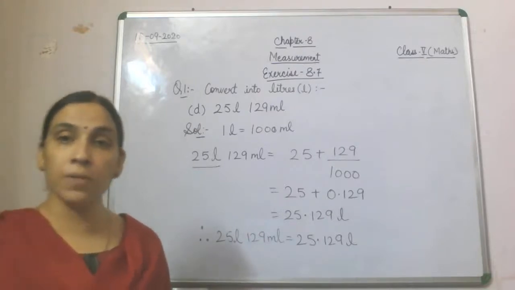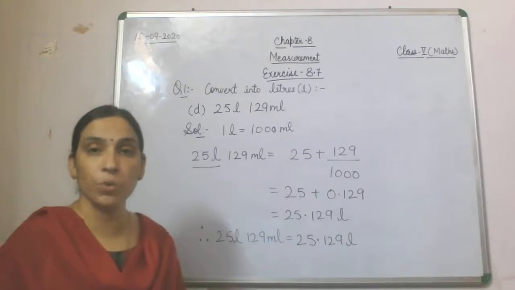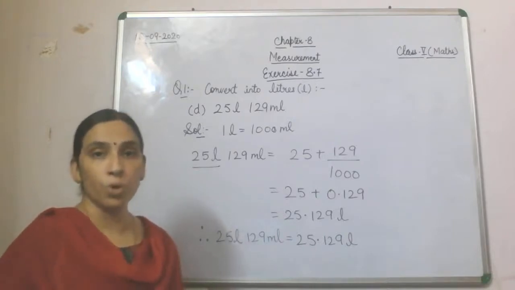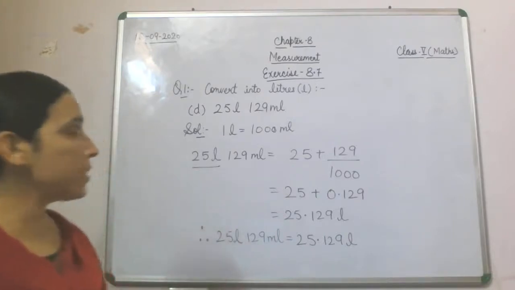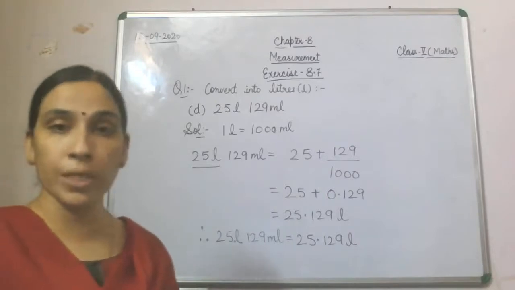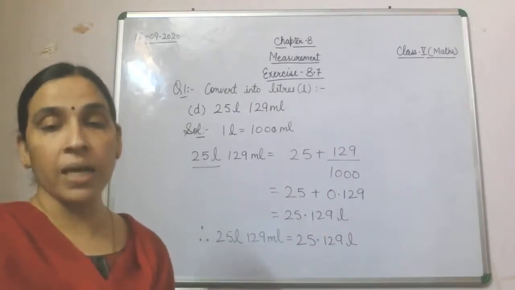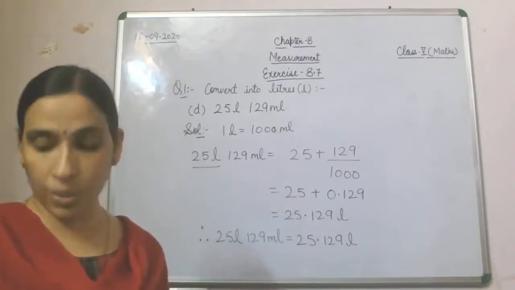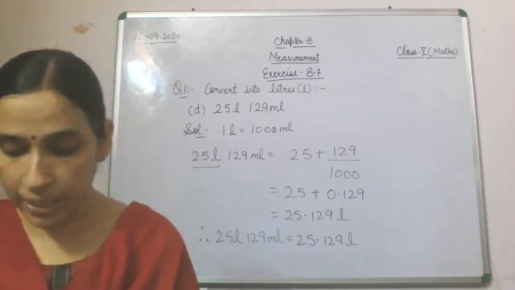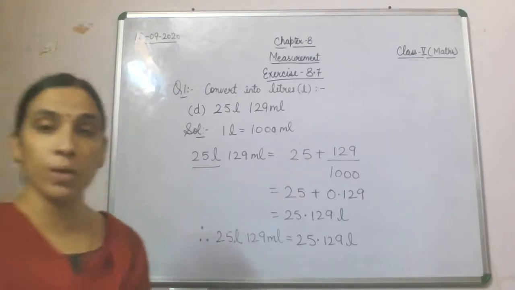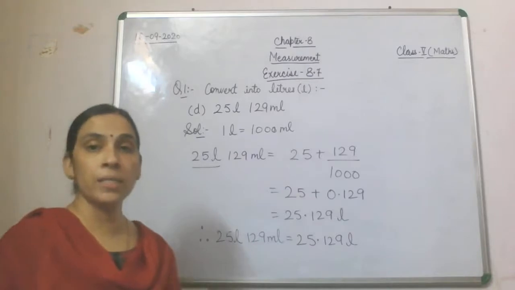We have completed question 1, convert into liters, from your exercise 8.7, and tomorrow we are going to continue the same exercise with the second question, that is convert into milliliters, and how we are supposed to convert it into milliliters.